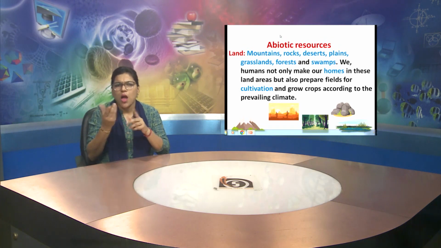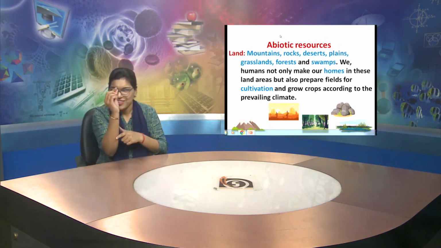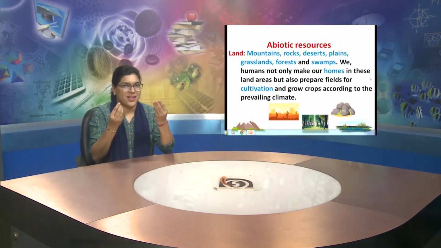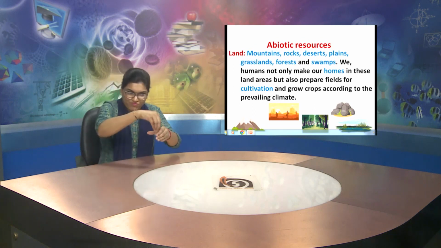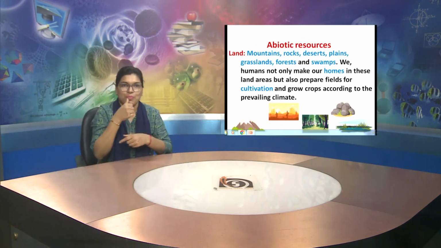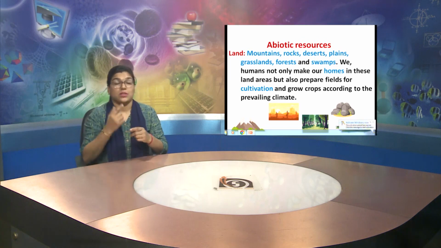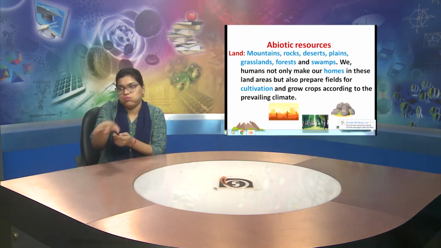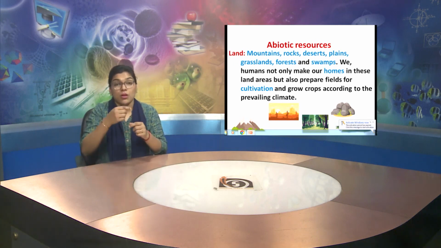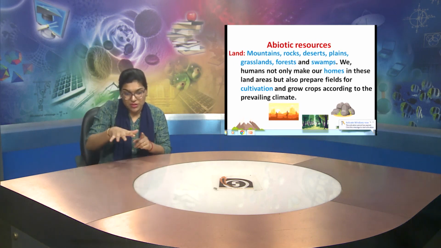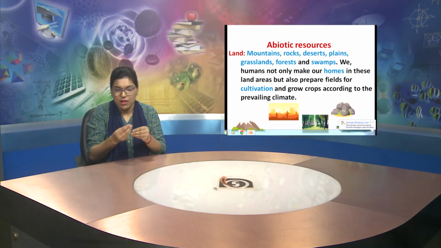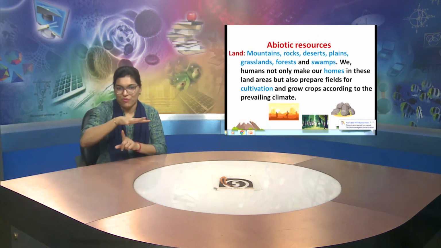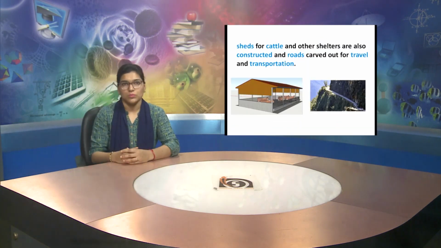So, land is an abiotic resource which we use for different purposes. We grow plants, we cultivate crops. So, land is a powerful abiotic resource, and whatever modifications we do in our prevailing climates.